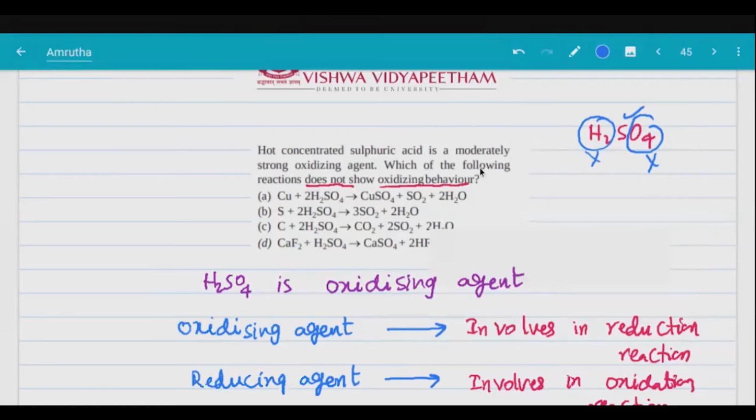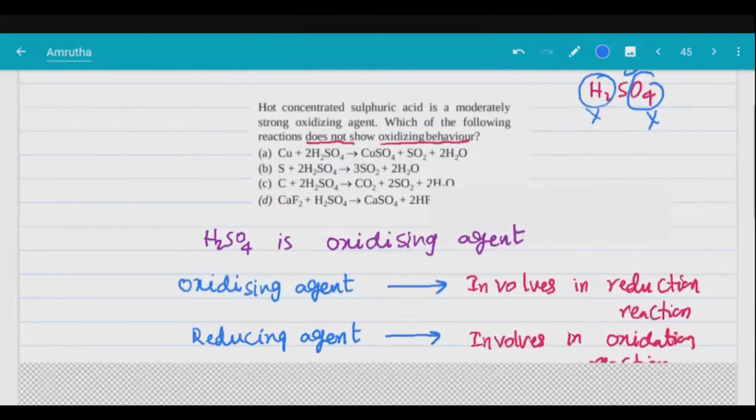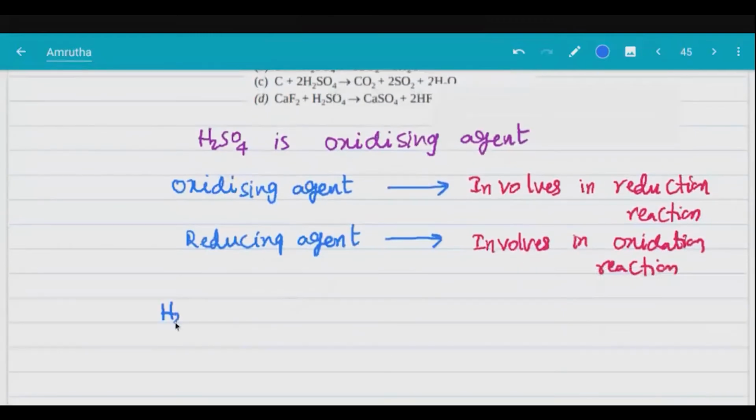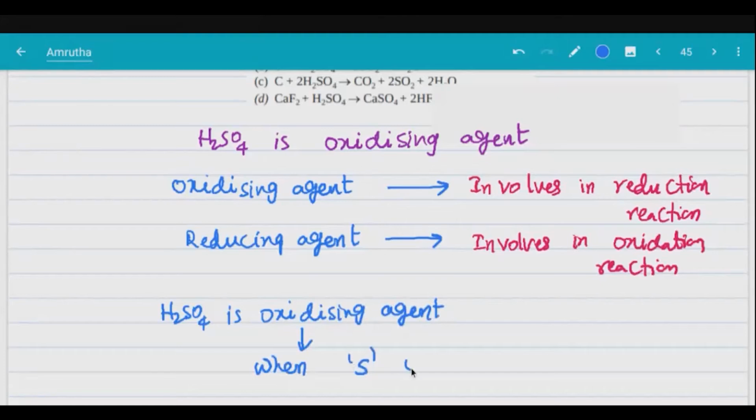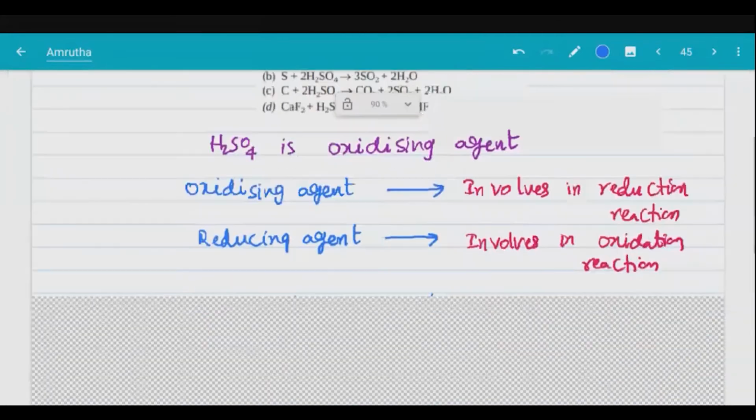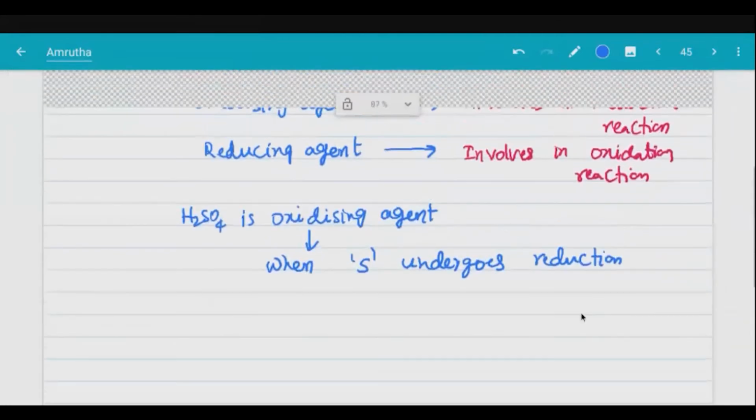If sulfur is undergoing reduction, that means it is an oxidizing agent. H2SO4 behaves as an oxidizing agent when sulfur undergoes reduction. Just look at sulfur. In which reaction it is undergoing reduction, that means it is an oxidizing agent.